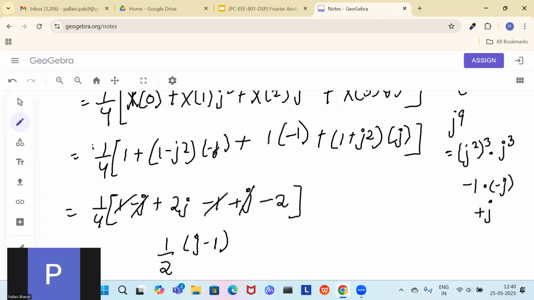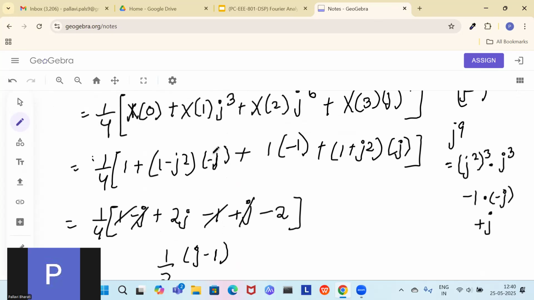Let us just once again see it. So the value of xj was minus 2j, 1 minus 2j over here, and minus j cube is becoming j square into j, so minus j. Now 1 plus minus j, this is plus 2j square. Sorry, I took this one as 1, I think. So this is 2j square.